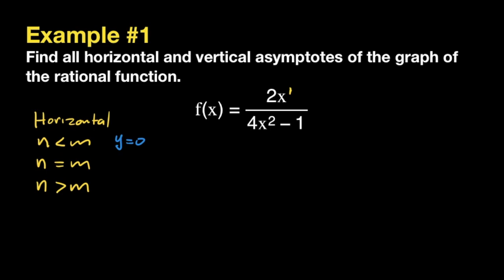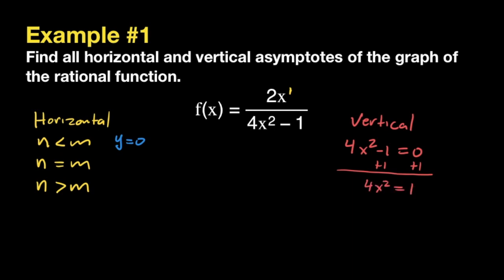Now, to find the vertical asymptote, we need to make the denominator equal to 0. And we just need to do this algebraically in this case. So we are going to add 1 to both sides. Divide by 4.